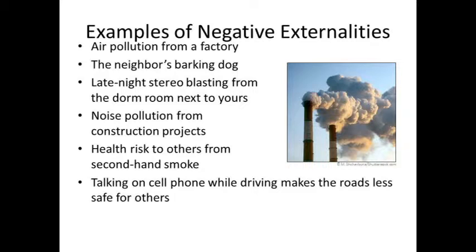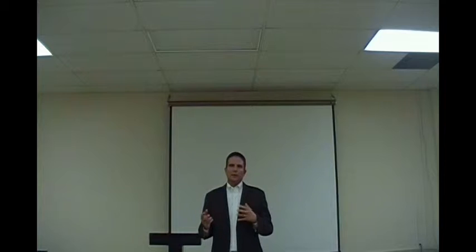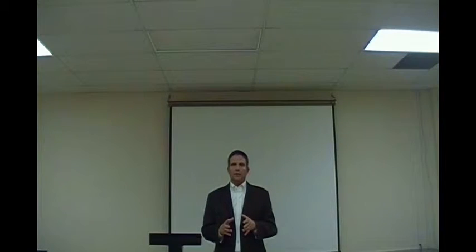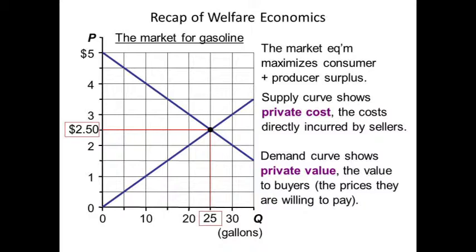The example they give in your PowerPoint, and the one they use for the graphs, is an aluminum firm that emits pollution during production. Social cost is equal to the private cost to the firm of producing the aluminum plus the external cost to those bystanders affected by the pollution. Thus, social cost exceeds the private cost to the producers.